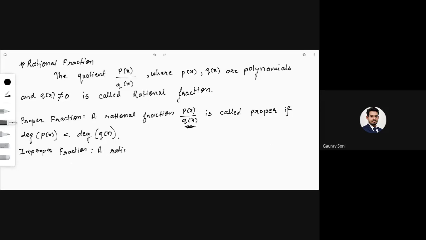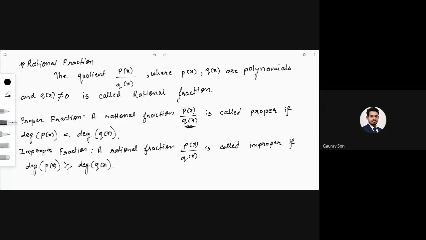So a rational fraction p of x upon q of x is called improper if the degree of p of x is greater than or equal to the degree of q of x.